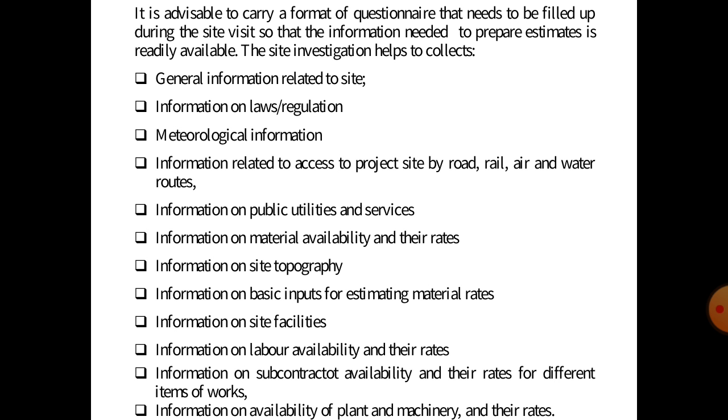It is advisable to prepare a format of a questionnaire that needs to be filled up during the site visit for getting the information, so that it is readily available to prepare estimates.